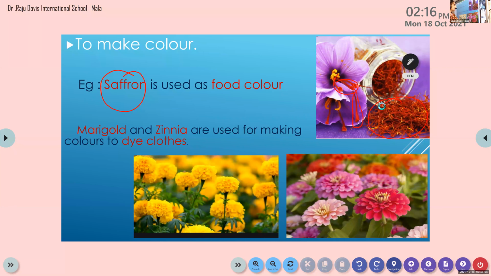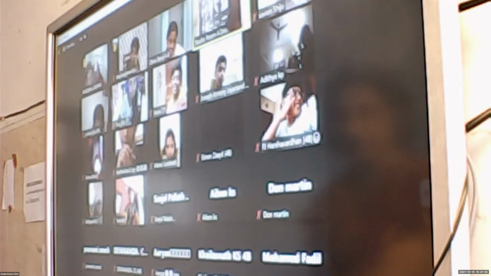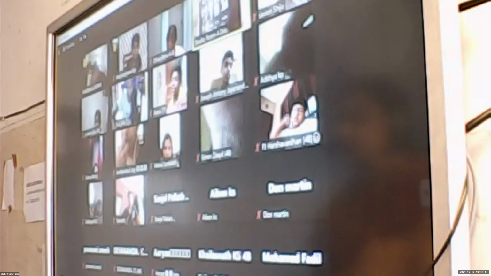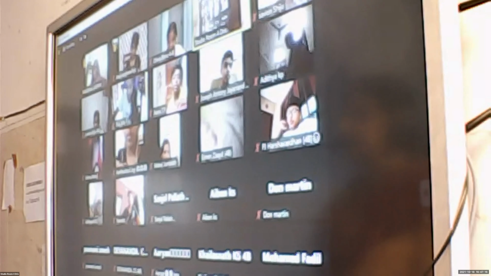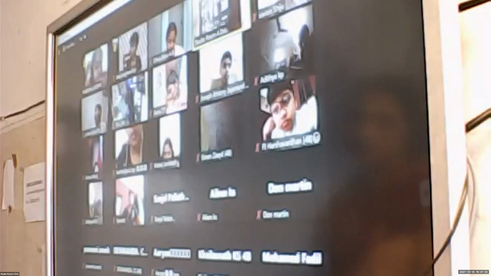What is the color of this saffron when we put it in our food? Yellow. Okay, it is actually red in color, but if we put it in sweets or in milk, it turns the milk or the sweets yellow in color. Got it? And if you smell it, it has a pleasant smell also, isn't it?